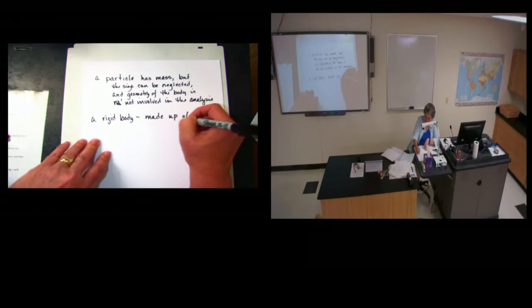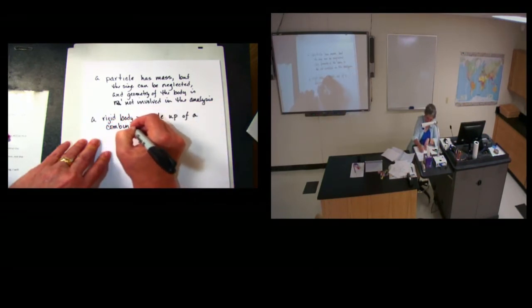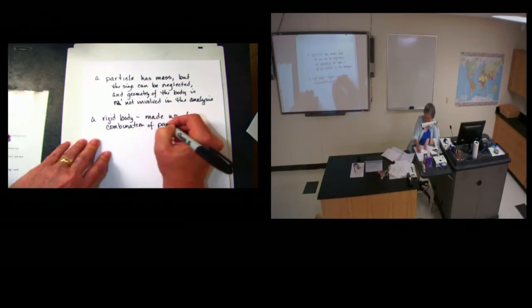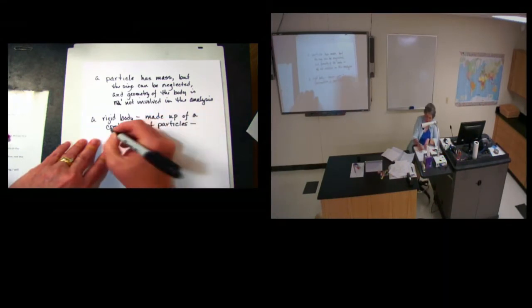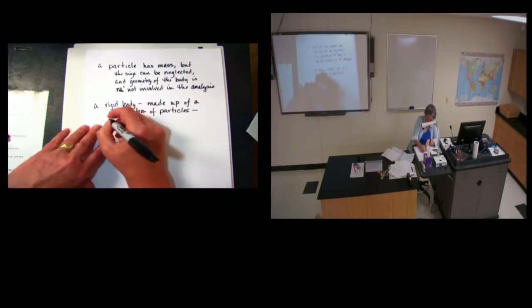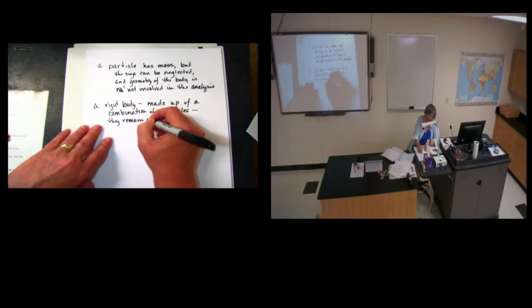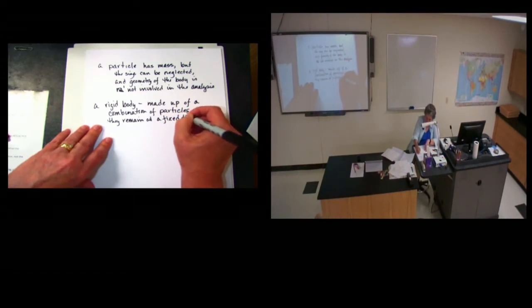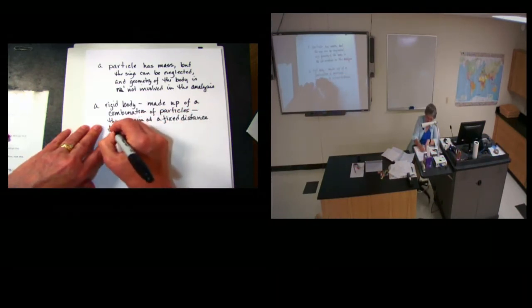You want to look at what's happening. In this case, it's specifically looking at it as: is a particle going to work? Is a rigid body going to work? Is my coordinate system going to work?